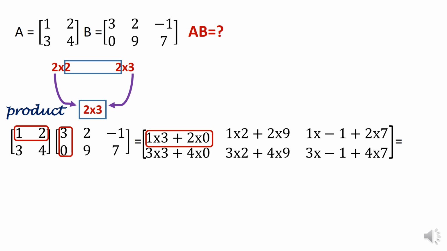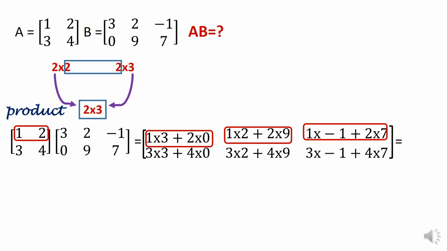Then the elements in the first row of A are multiplied to the elements in the second column of B in order to get the elements in the 1/2th position of the answer matrix. Thus, 1 into 2 plus 2 into 9. See carefully, observe carefully. Then, the first row of A is multiplied with the third column of B to get the elements in the 1/3th position.